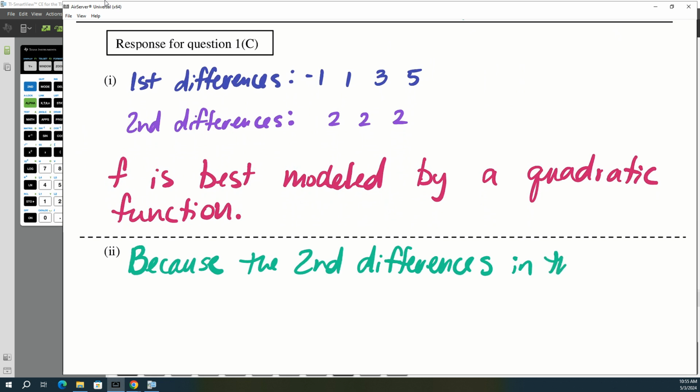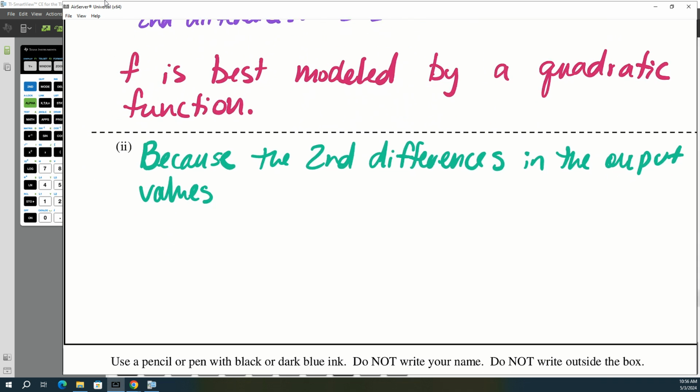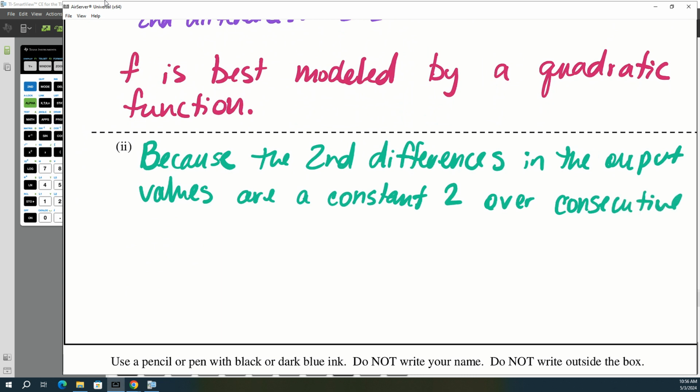So in the output values are a constant 2. It could be any constant. It could be a positive constant or a negative, as long as it's the same number. Here we go. Over, what do y'all think? What kind of input? Consecutive. Equaling.